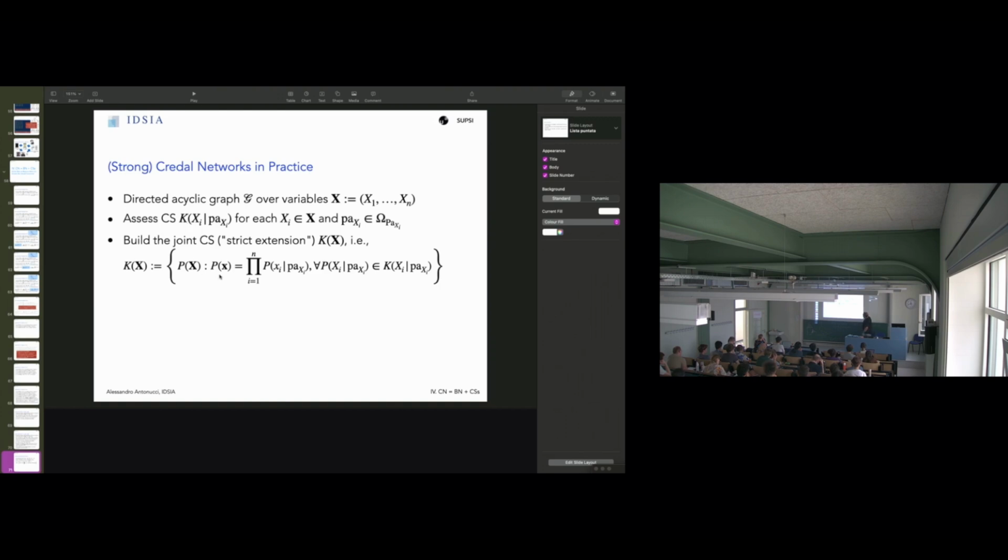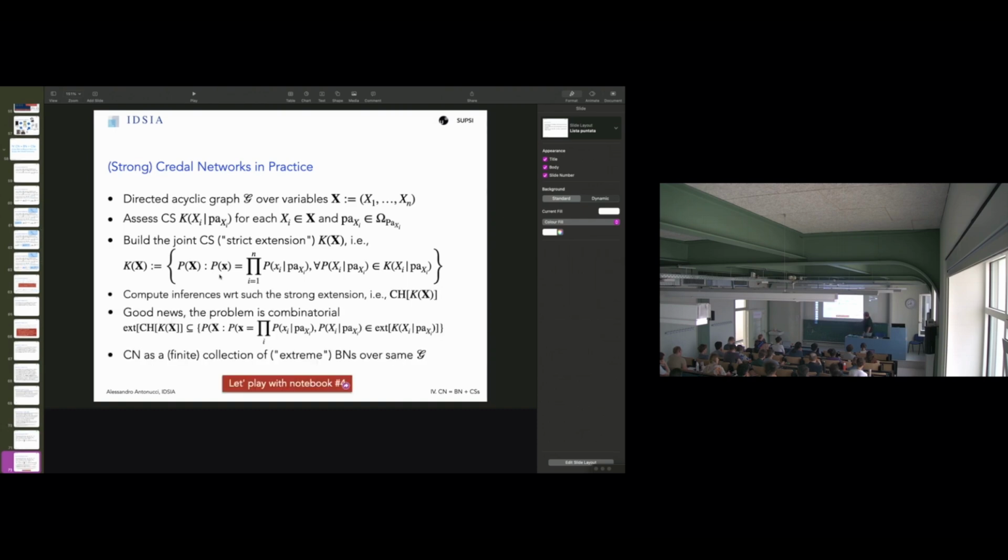If you create a joint credal set from the joint distributions obtained as Bayesian networks, you will have the complete credal set. Then you take the convex hull, and I'm interested for inference reasons, because I want to compute inferences, and I know that the inferences are on the extreme points of the convex closure of the credal set. I'm interested in the extreme points.